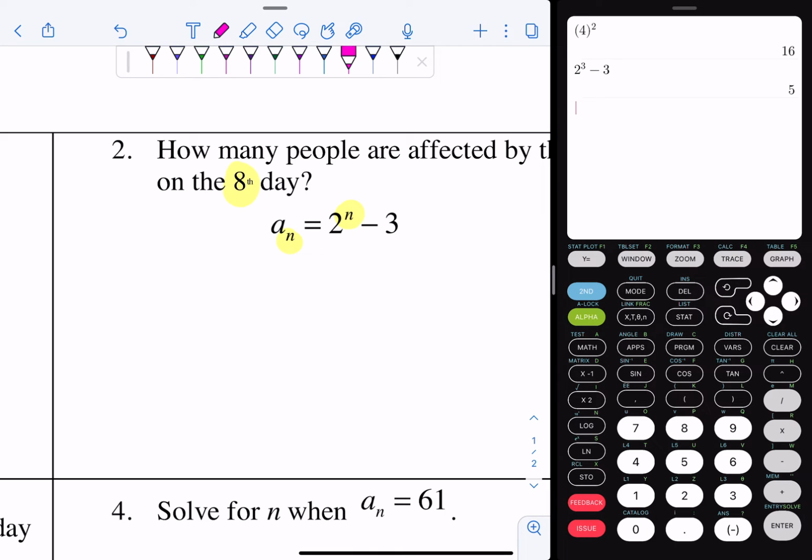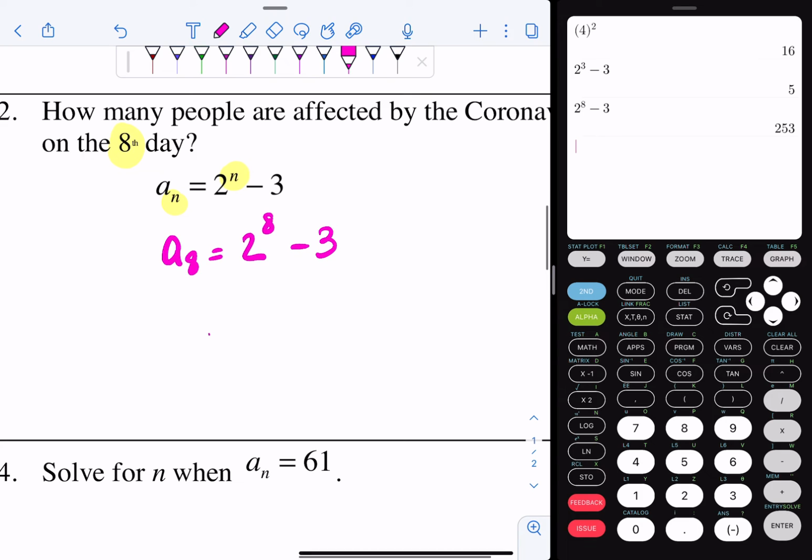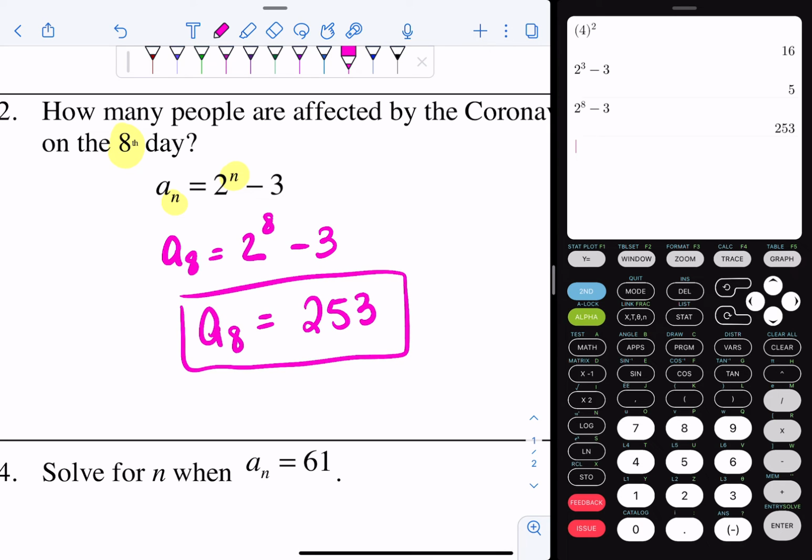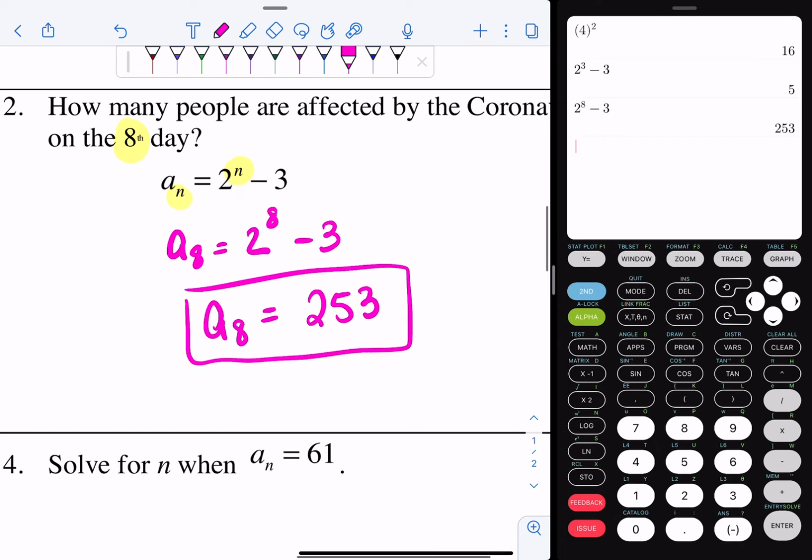So I get a sub 8 equals 2 to the 8 minus 3. Go ahead and type that in your calculator. And I get 253. So I can say a sub 8 is equal to 253. So on the 8th day, there are 253 people infected.